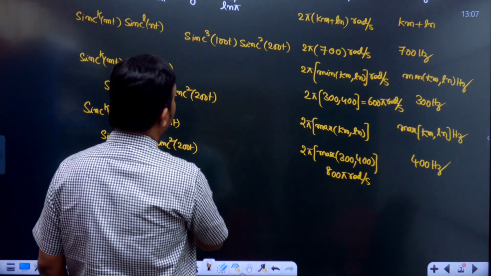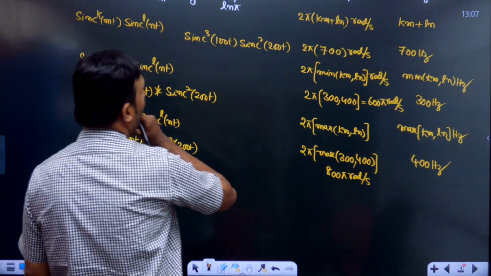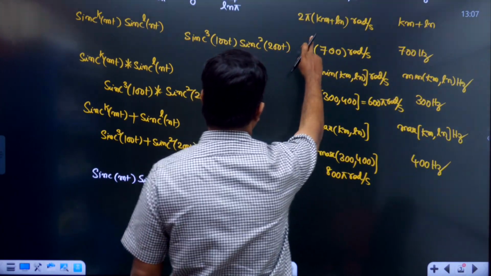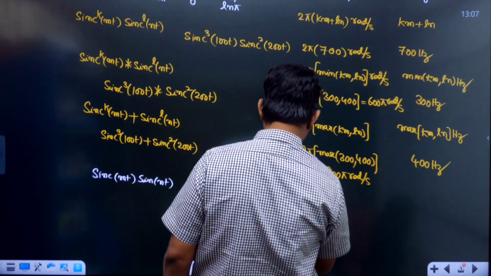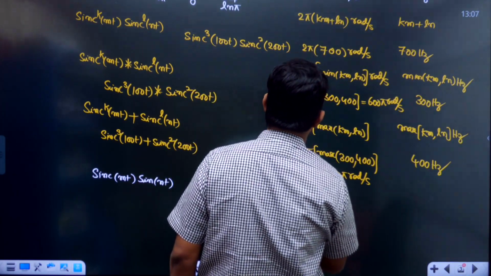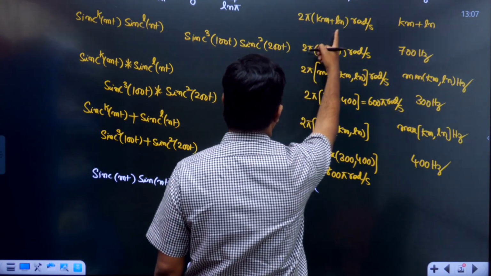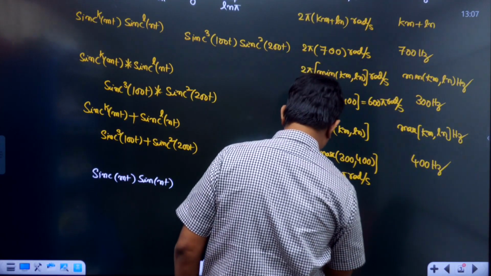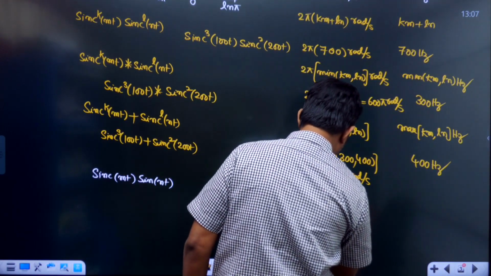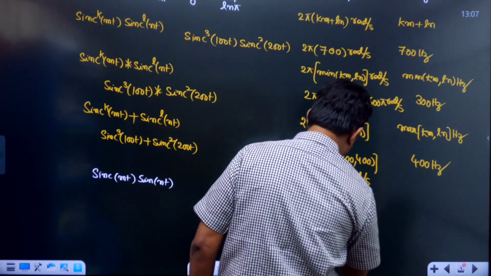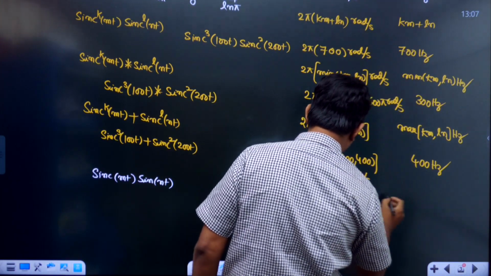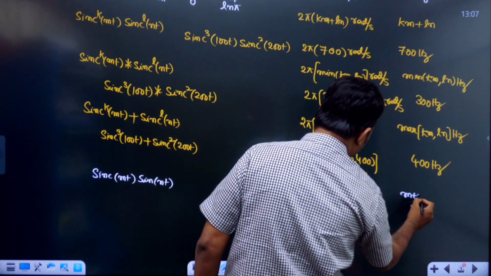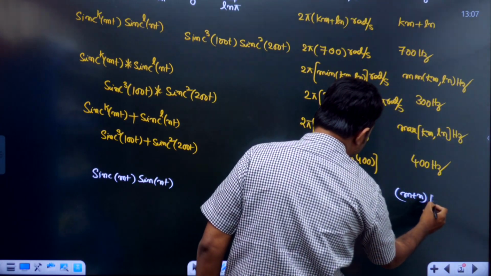So what will happen here? K is 1, L is 1. So here 2 pi into K is m plus n radians per second, the Nyquist rate, and in terms of F, m plus n hertz.